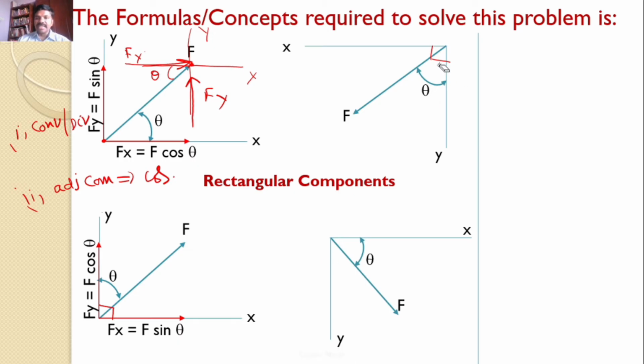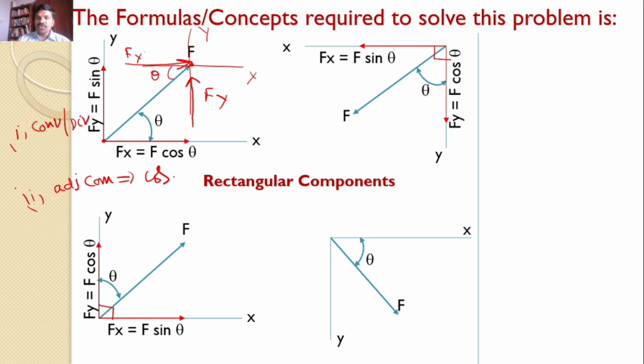Similarly, let us consider this force F. This makes an angle theta with the y-axis. I would like to resolve this force along the x and y axis. The angle between those two is 90 degrees. Since here also F is divergent, those two force components must also be divergent, Fx and Fy.